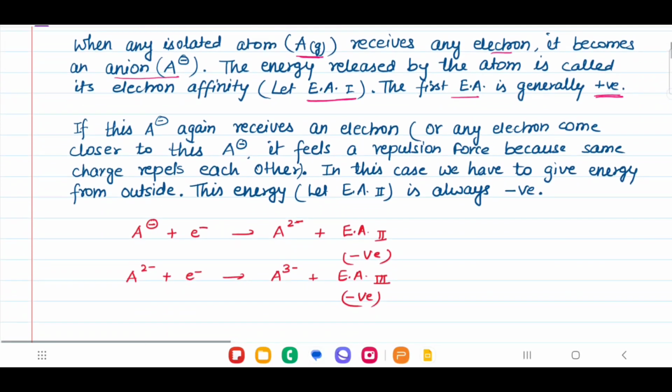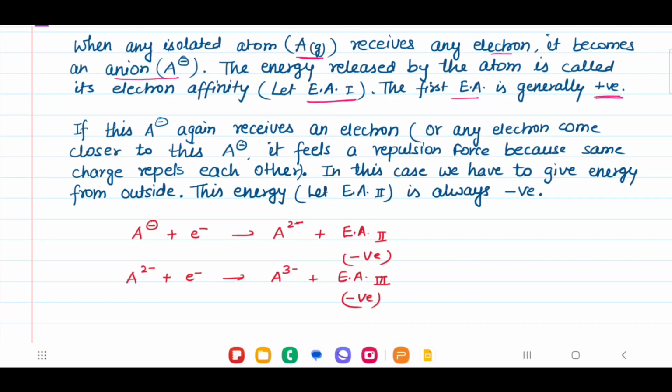Now, if this anion again receives an electron, or any electron comes closer to this anion, it feels a repulsion force because like charges repel each other. In this case, we have to give energy from outside, and this energy, let it be electron affinity second, is always negative because we have to give some energy from the outside.